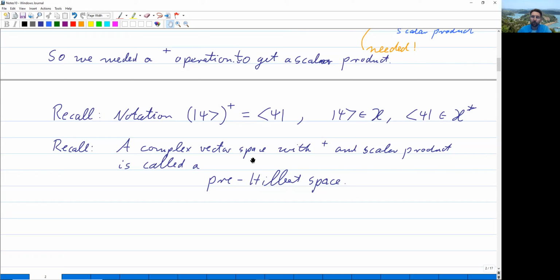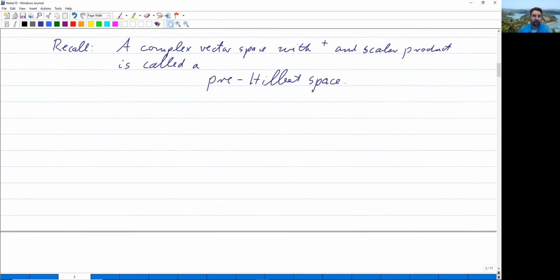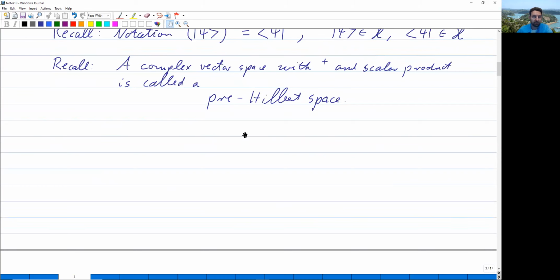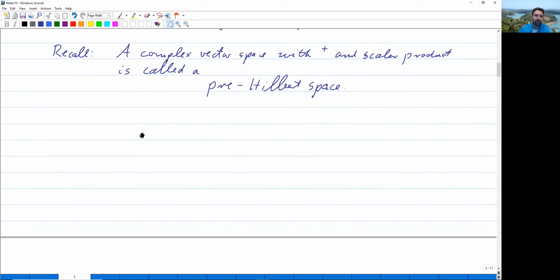And for that, we need the notion of convergence. So, for example, if you have an arbitrary vector in your pre-Hilbert space, then we want that it can be written as a linear combination of basis vectors, and we may need infinitely many of those. So in order to make sense of the statement that this infinite sum of multiples of basis vectors converges to a particular vector, we need a notion of convergence.